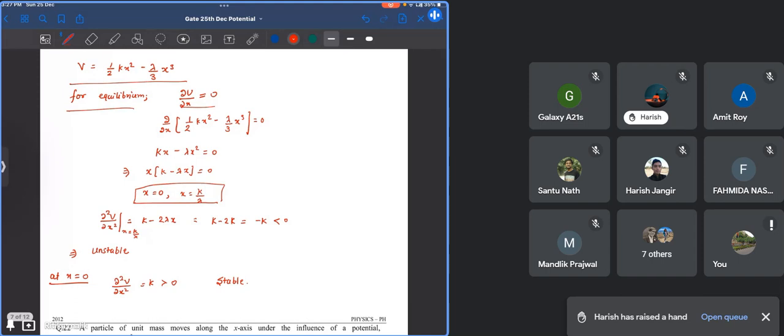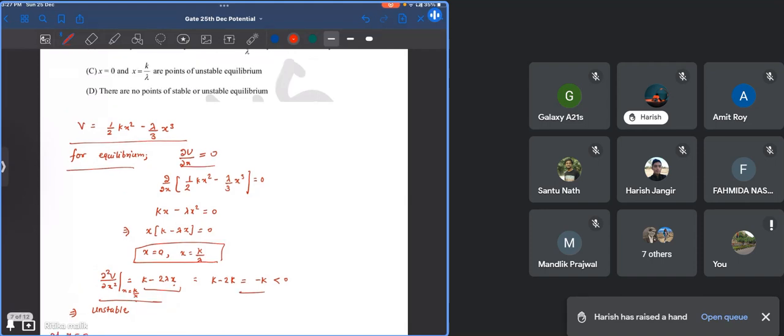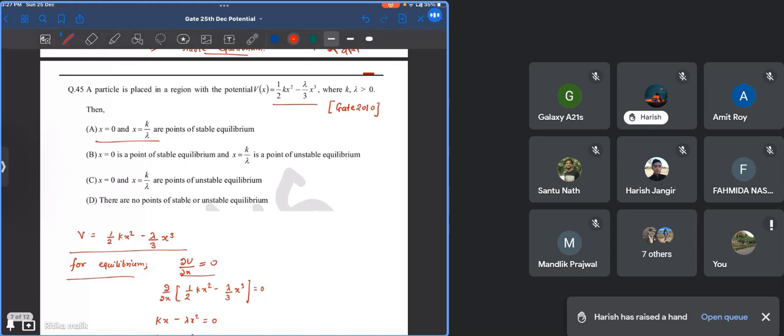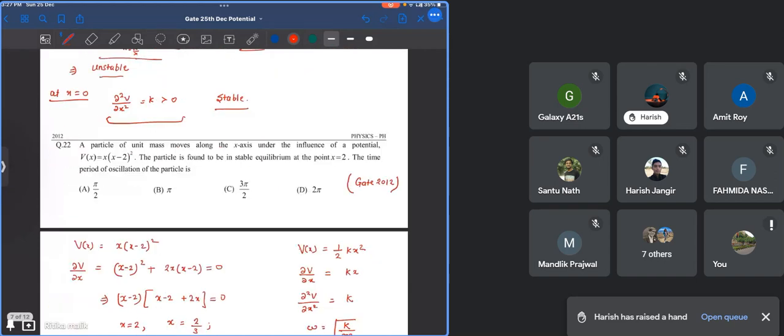So when we differentiate it twice with respect to x, and we put in the two values, for x equals 0, we will get k only. This term becomes 0. So it will be a stable equilibrium. And for k by lambda, this term will become negative. So that will correspond to unstable. So k by lambda is the unstable point, and x equals 0 is a stable equilibrium point. So this was the question from GATE 2010.